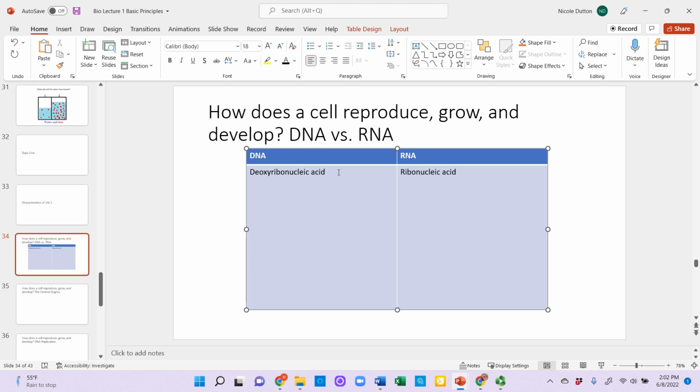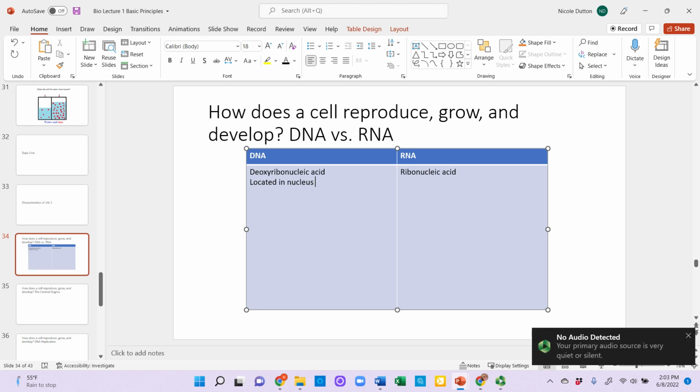DNA is typically found inside of the nucleus of eukaryotic organisms. RNA can be found anywhere in the cell. It can be found in the nucleus, outside of the nucleus, floating freely in the cytosol, in multiple locations in the cell.